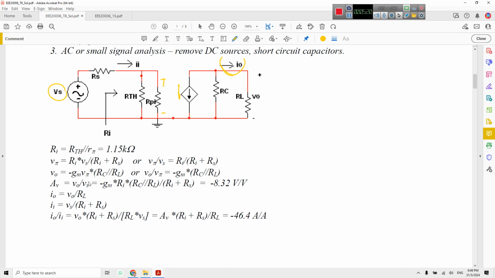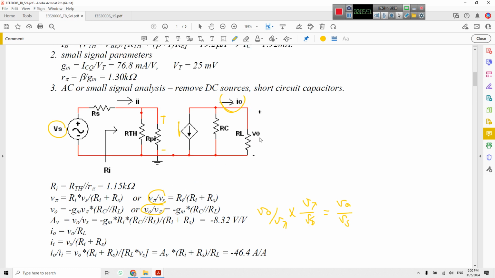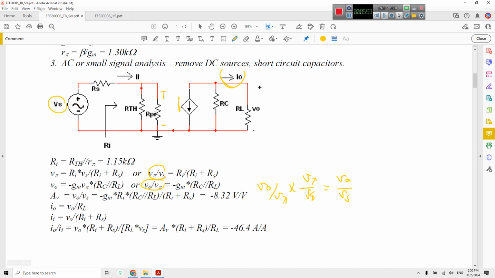Then AV, which is V out over Vs, can be considered as V out over V pi times V pi over Vs. I out, the current here, is V out over RL, very clear.